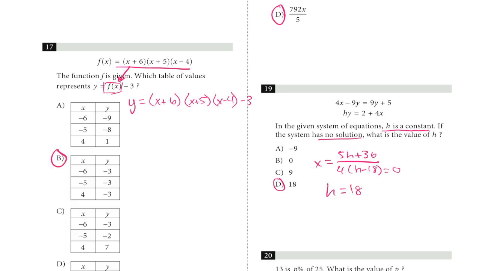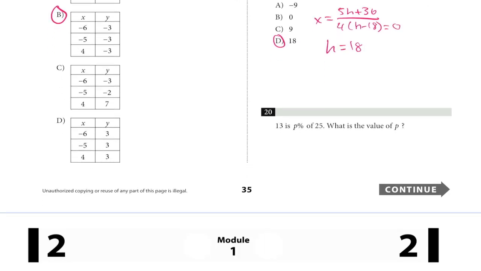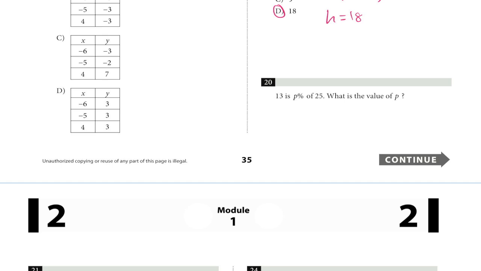Okay. Number 20. 13 is p% of 25. What is the value of p? So we're just going to use what words in math usually mean. So 13 is, so "is" in math usually means equals p%. So p over 100. And whenever they say percent of, I just always say that means times.